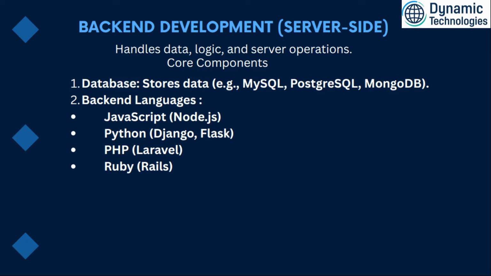For the backend languages, we have quite a number. From the list, we see we have JavaScript. After going through JavaScript, we have some frameworks. One of the key frameworks of JavaScript is Node.js.